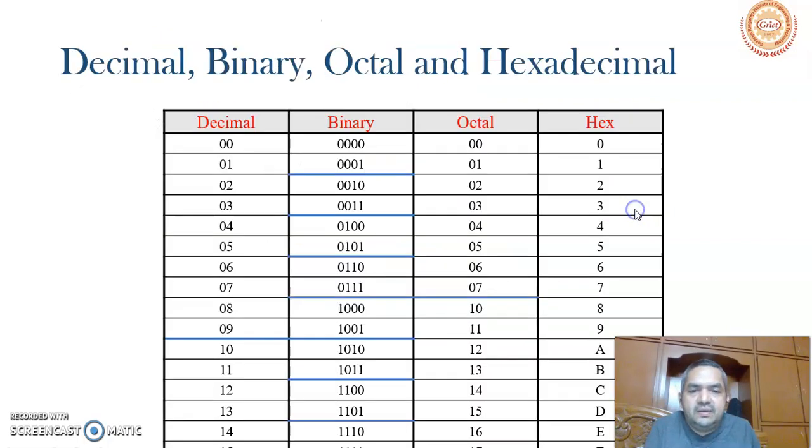Like this, we can have the conversions between decimal, binary, octal, hexadecimal. I request all the students to note how to convert from one system to the other using these very simple methods.